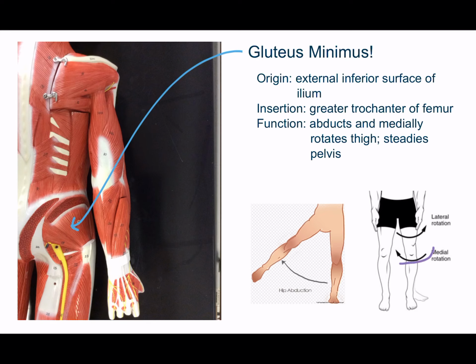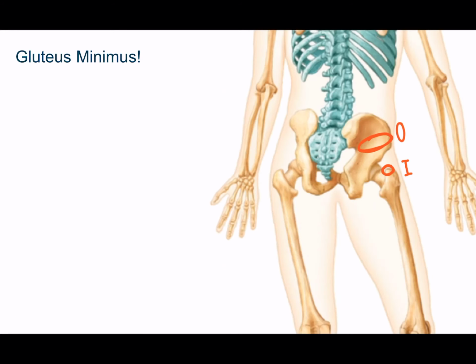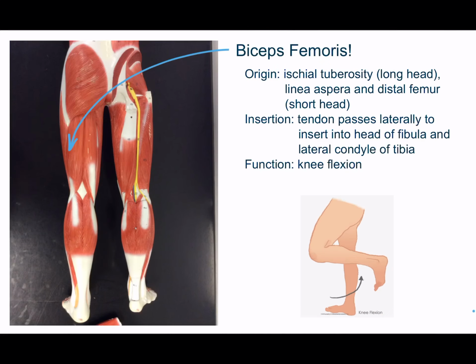So you see how it medially rotates, bringing it in, and it's going to abduct, pushing it out. Yep. So you see how it starts lower. It just kind of increasingly gets lower. So your maximus originates up here, your medius is here, and your minimus is here.